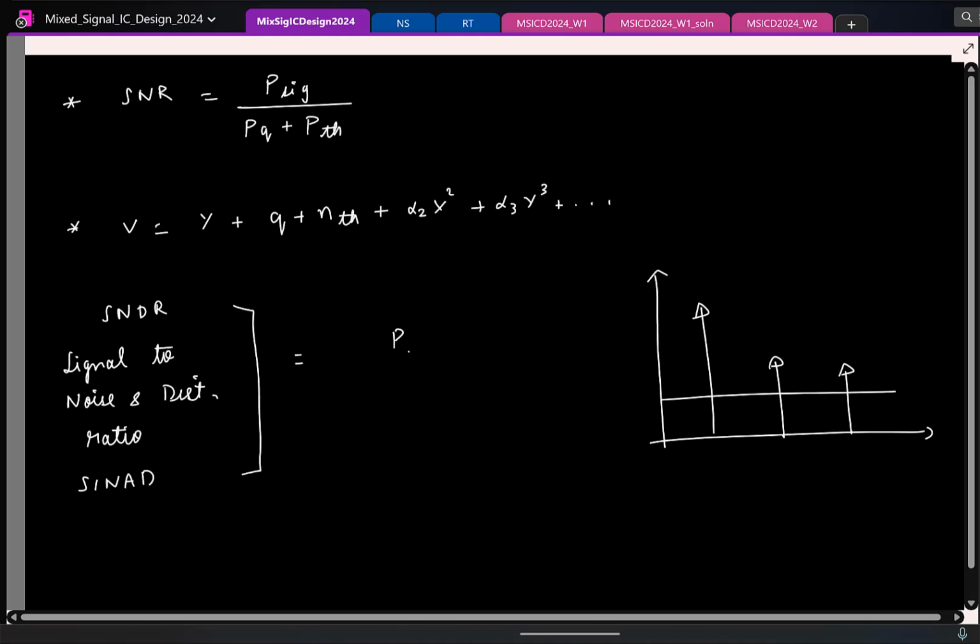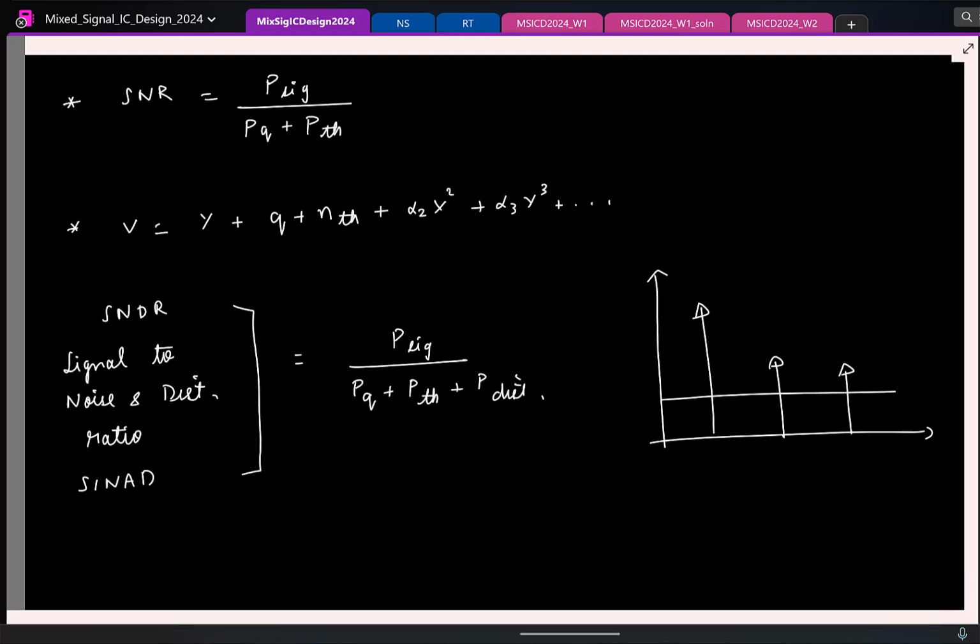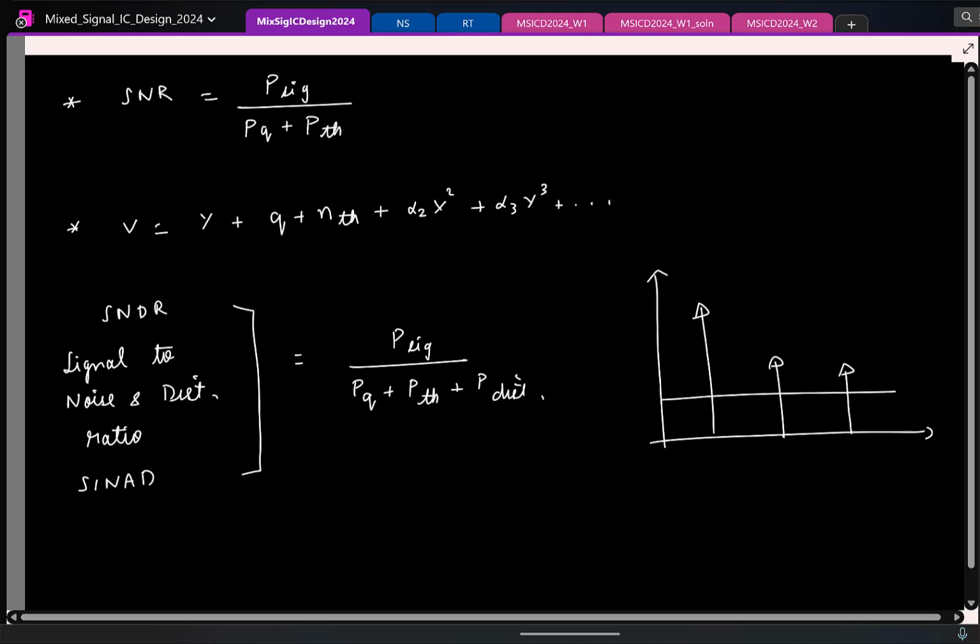So here you include everything, the quantization noise, thermal noise, and power of all the distortion products, right? So this is the ultimate measure that captures all the non-idealities in the circuit. So you measure this, and then from this you back calculate the ENOB. So ENOB is the same thing, you find it from SNDR.